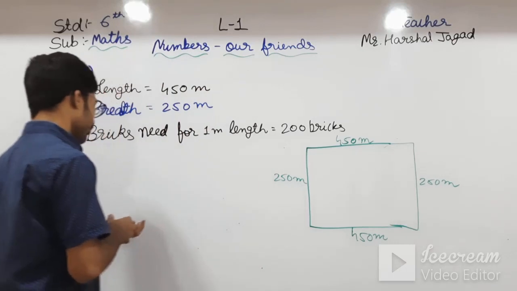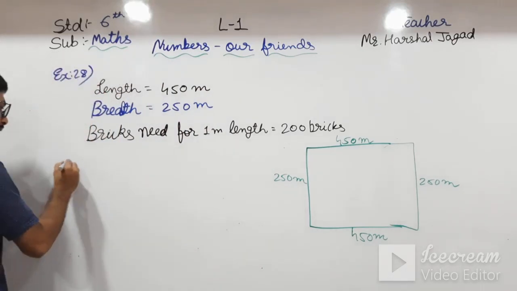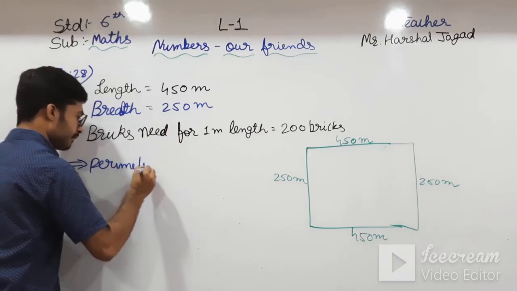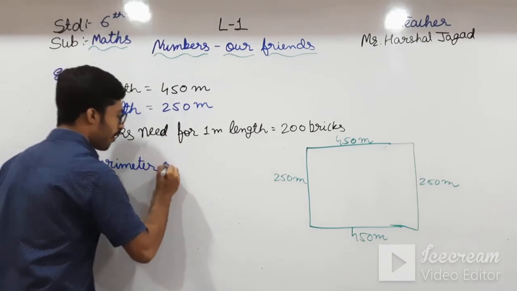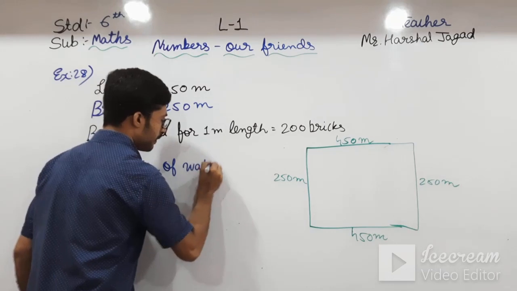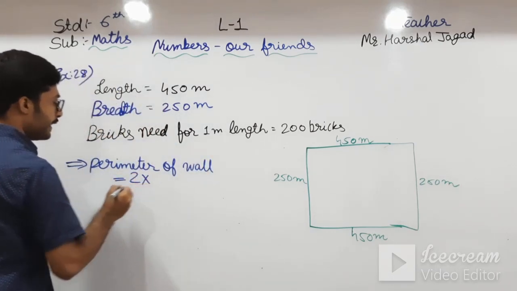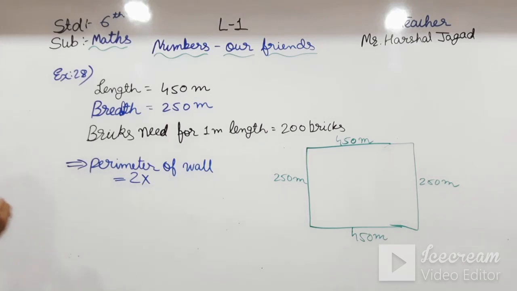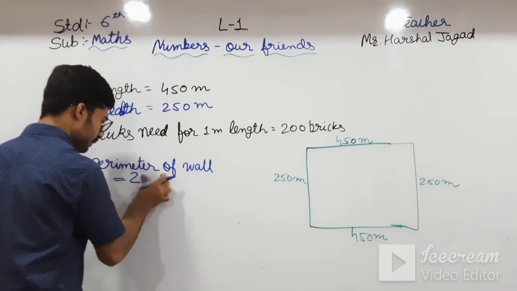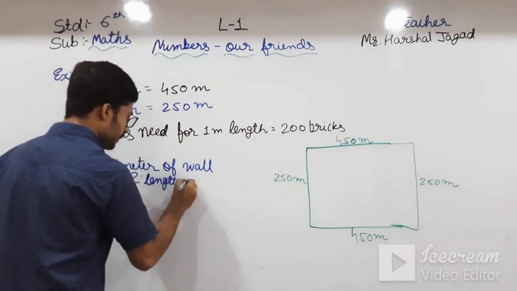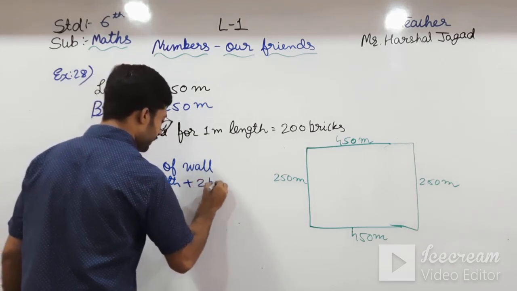So the perimeter of the wall is equal to 2 into length and 2 into breadth. 2 length and 2 breadth.